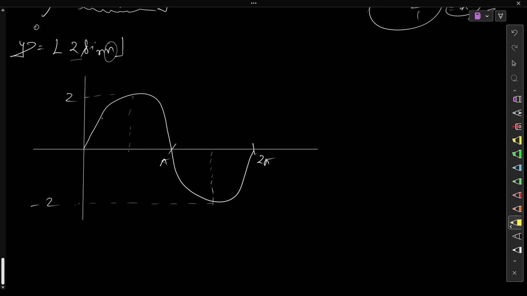The first thing to conclude is that up to sin inverse of 1, sin of sin inverse of 1 gives the value 1. So till then the floor takes the least value, that is 0.